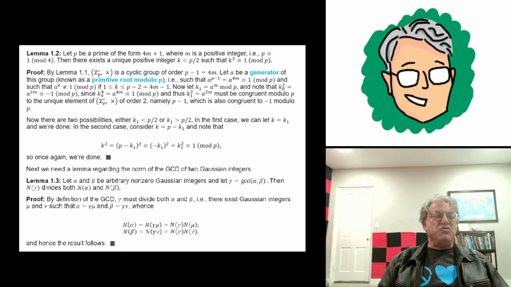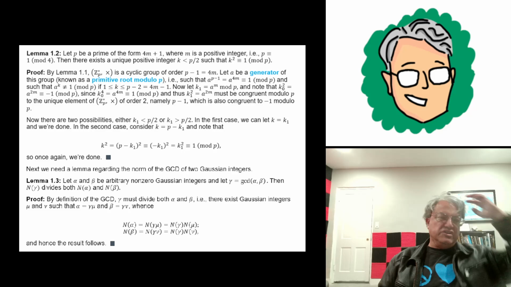It can't be plus 1 because we already said that this group has order 4m, not 2m. So a to the 2m has to be congruent to minus 1 modulo p, and that's k1 squared. So yeah, k1 squared is congruent to minus 1 modulo p. That's what we wanted to show.